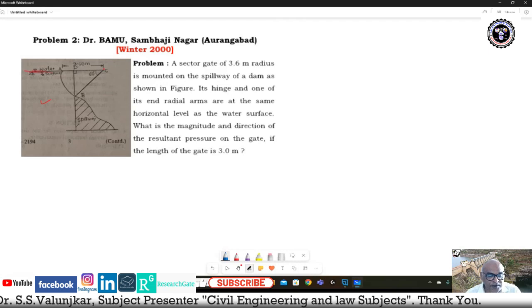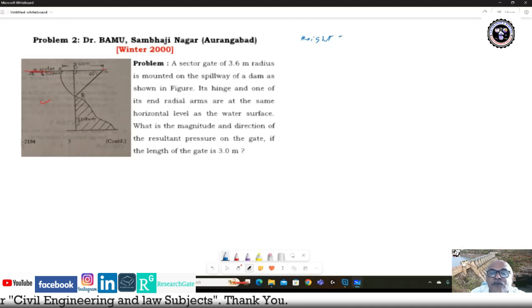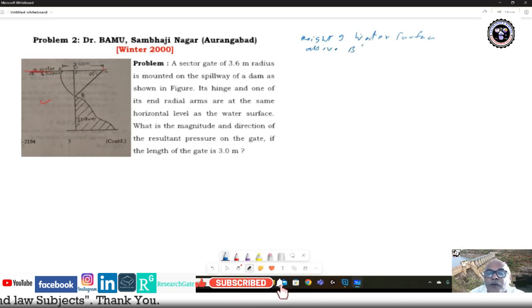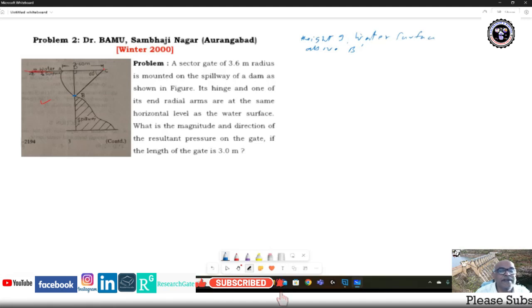So first of all, let us find out the height of water surface above point B. This is the vertical line, B to D, so BD.